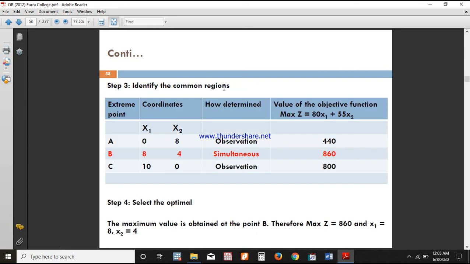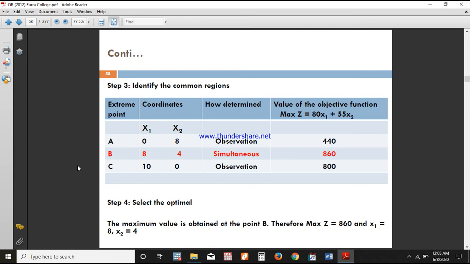Now you can find the common region, and at point A, the coordinates of x1 and x2 are 0 and 8. You can find this through observation, and putting these values in the objective function, you can find the total value, that is 440.